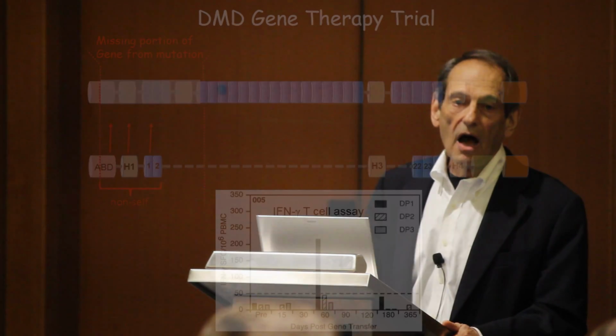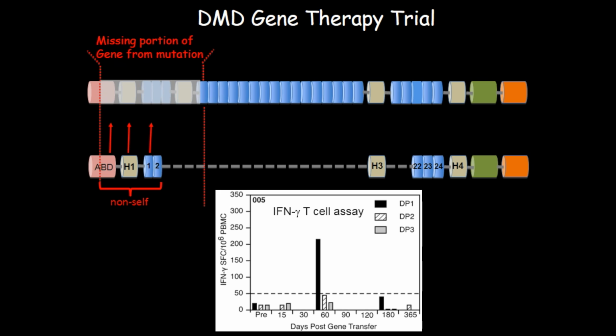Your body's smart enough to develop an immune response. Your body doesn't want to see this foreign protein. And so we have a marked inflammatory response that we can measure with something called an ELISpot assay or an interferon gamma T cell assay. The name of it's not important, but we can measure this, and we do in all of our gene therapy trials.